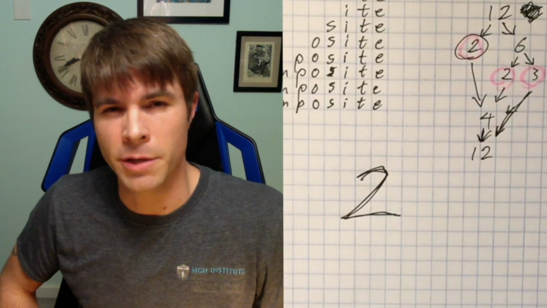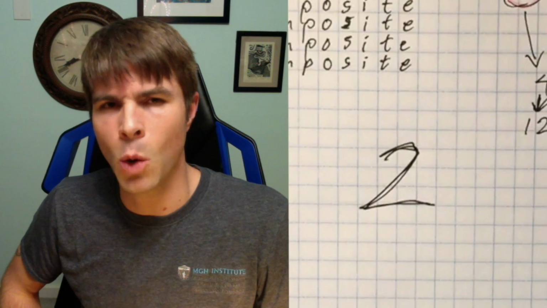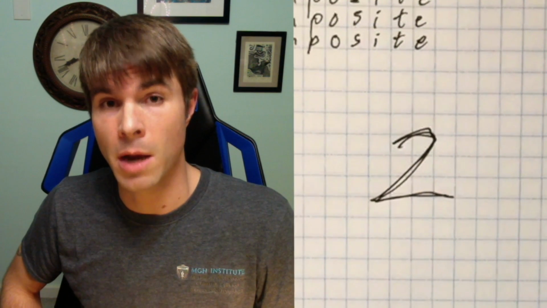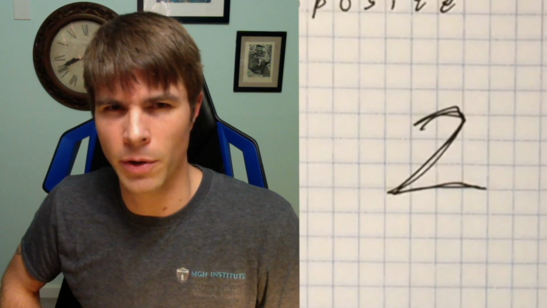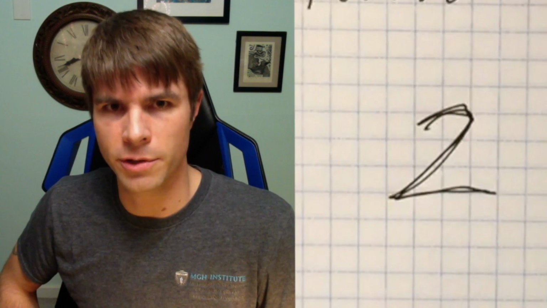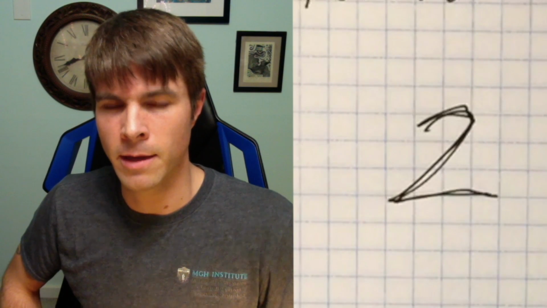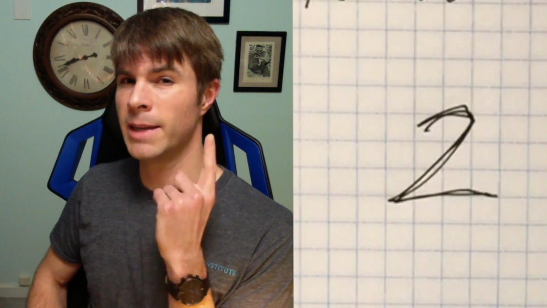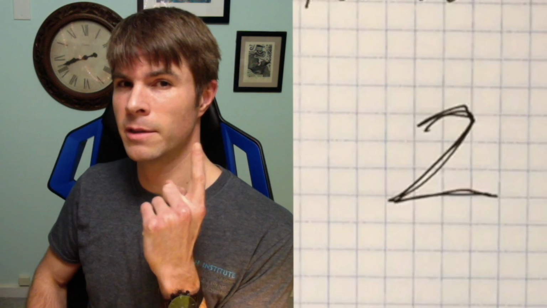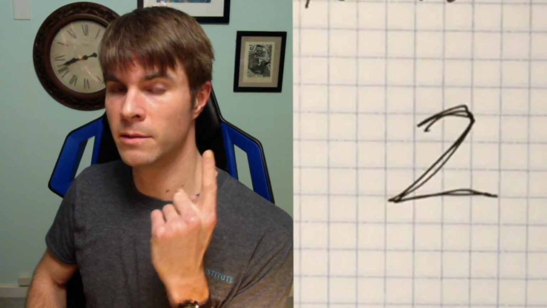Here's the strange thing. 2 is the only even prime number in the universe. I'll say that again. There is a single prime number in the entire universe that is even, and it is 2.